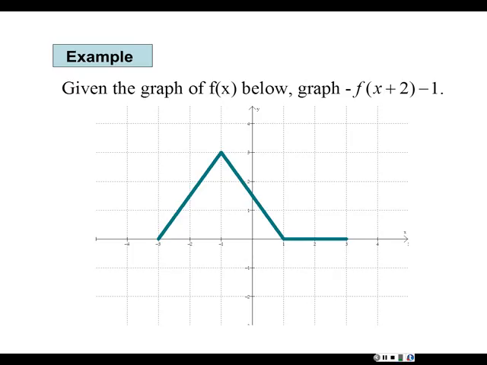Remember the sequence. The first one was the horizontal shifting. And the vertical shifting should be done at the end. In the middle, you will do the reflection.